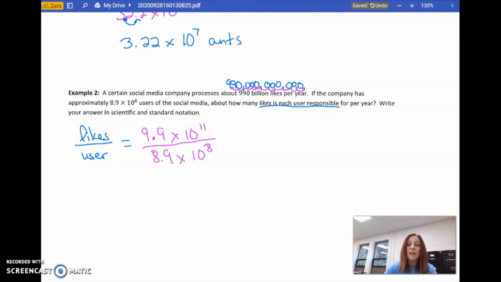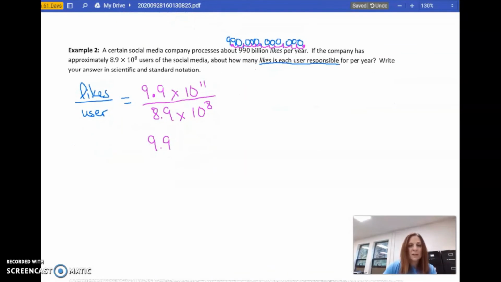And then we divide this up. I'm going to rewrite this as 9.9 divided by 8.9 times 10 to the 11th over 10 to the 8th.